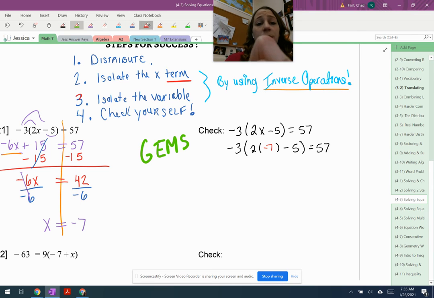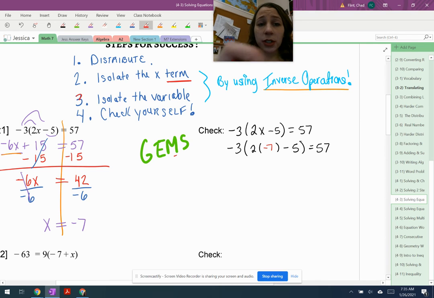G for groupings. I do have things grouped together here, so I'm going to start inside these parentheses. Inside the parentheses, I have multiplication and subtraction. Multiplication comes before subtraction, so we're going to start with the 2 times the -7 to get -14, and everything else is going to carry down exactly as it was.